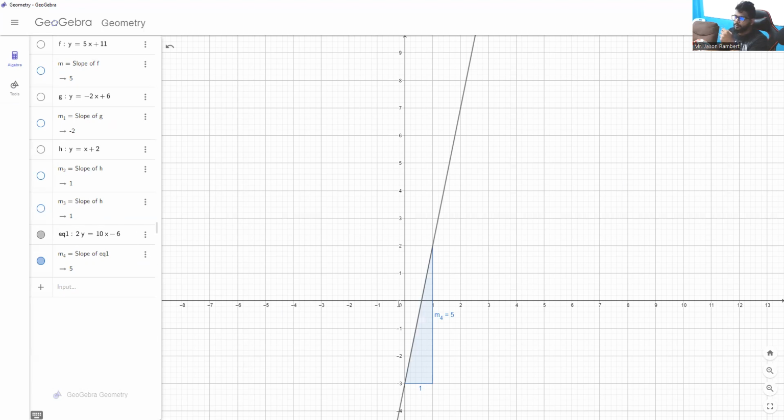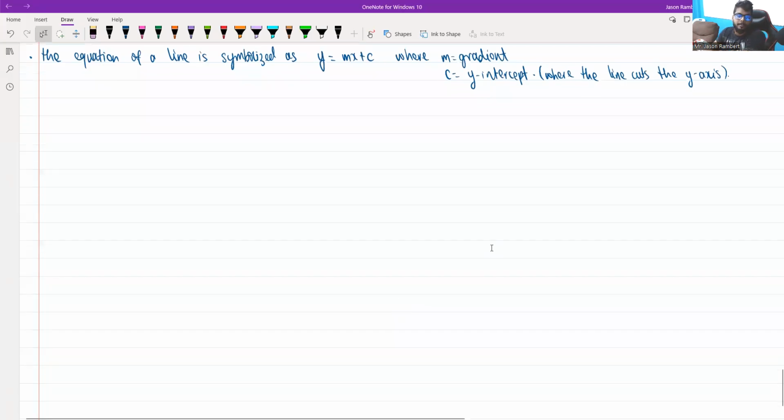This is where you have to be comfortable doing your working, making y the subject of the formula. So let me do some examples on shifting things around in an equation. 2y is equal to 10x minus 6. If I divide everything by 2, remember, whatever I do on the left, I will do on everything.